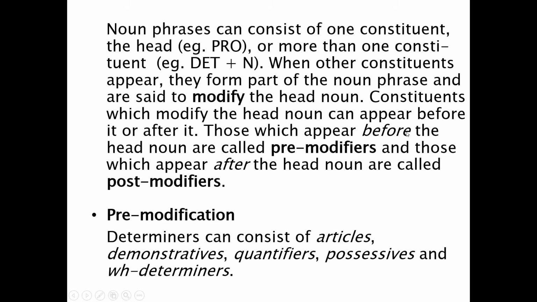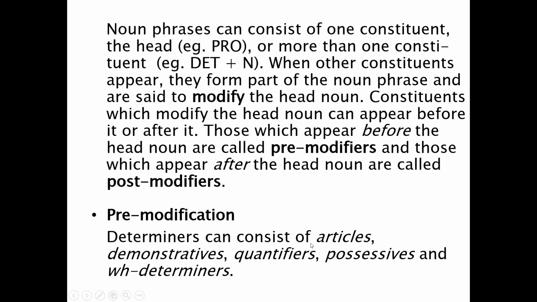Constituents which modify the head noun can appear before it or after it. If it comes before the head noun, we call it a pre-modifier, pre-modifiers. And if the elements come after the noun, they are called post-modifiers. So we have pre-modifiers and we have post-modifiers.